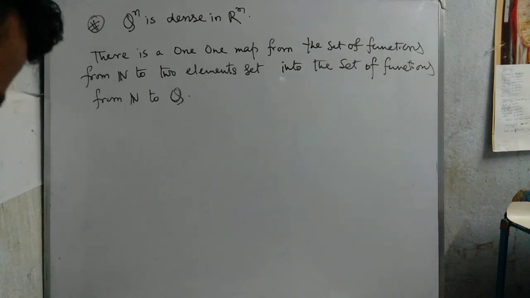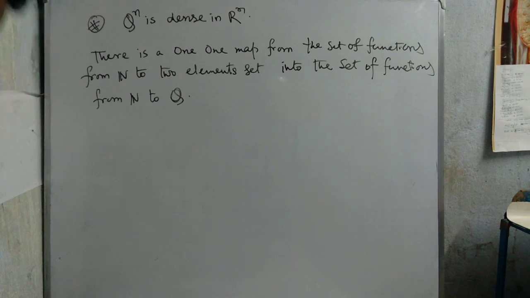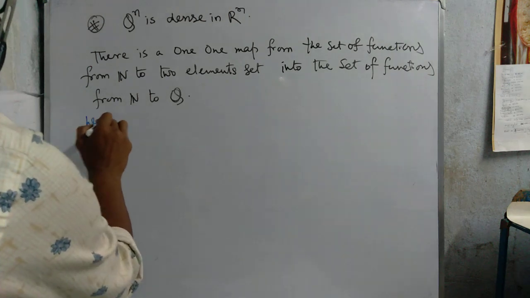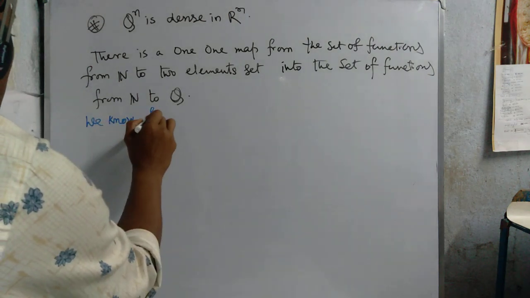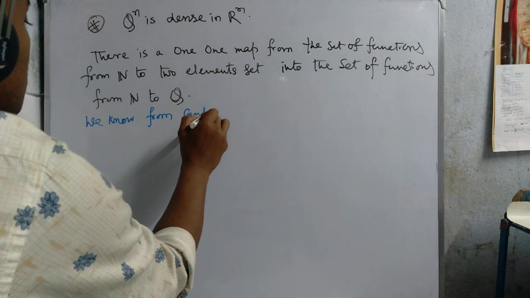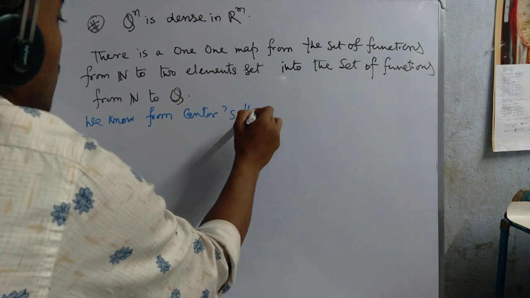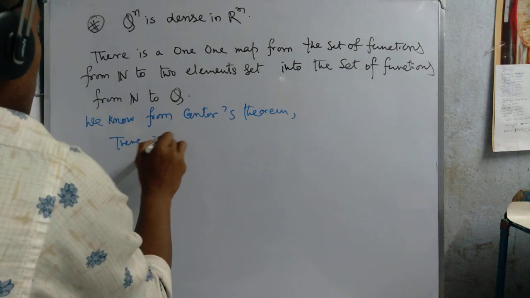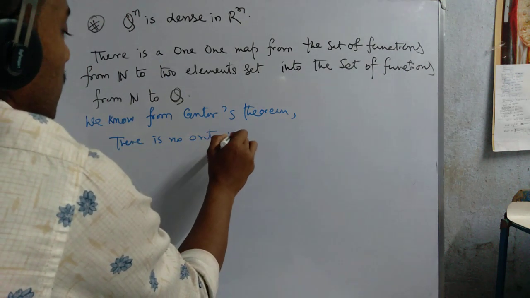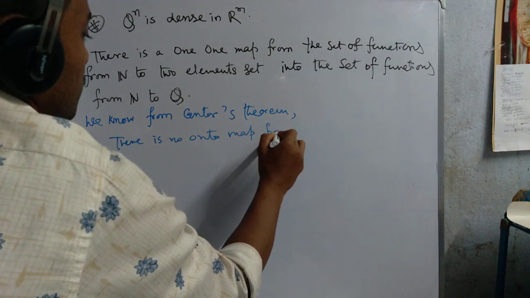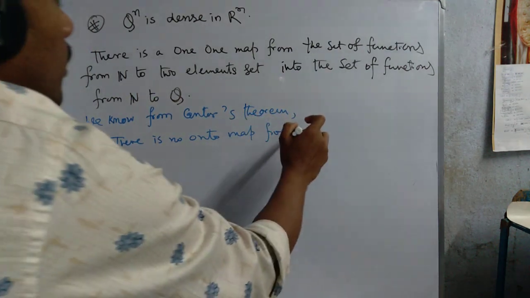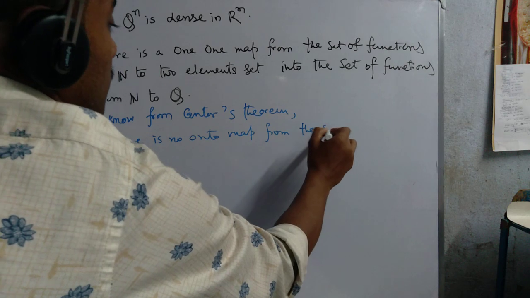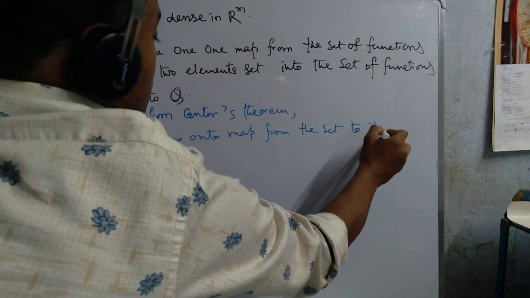Then by Cantor's theorem we know that there is no onto map from a set to its power set. Again, from Cantor's theorem, there is no onto map from the set to its power set.